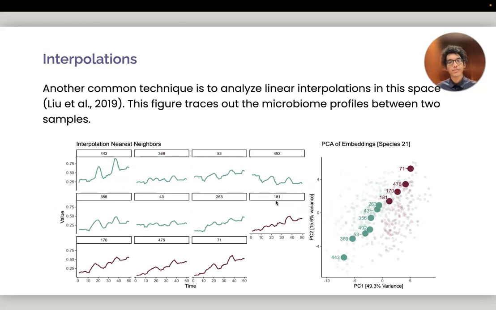Okay, once you have these embeddings, one thing you can do to try to understand them is these interpolation exercises. Take two samples that seem quite different from one another, draw the line between them in this high-dimensional space, and then look at samples that are close to that line. That can show you how one kind of sample can morph into another.